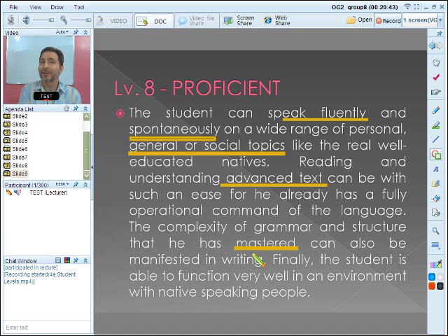And in this case also, they probably are able to use prepositions fairly well at the proficient level. And they're able to function. This is actually the ultimate goal of language teachers. We want the language learner to function well in the language environment that they are seeking to enter.